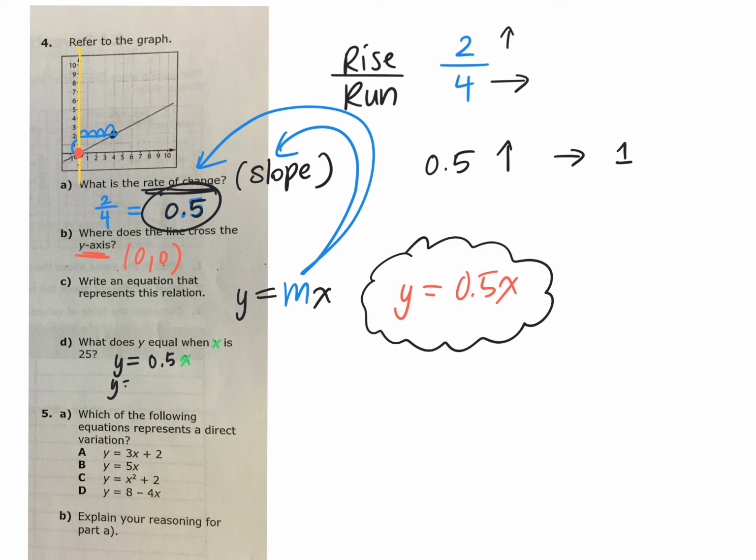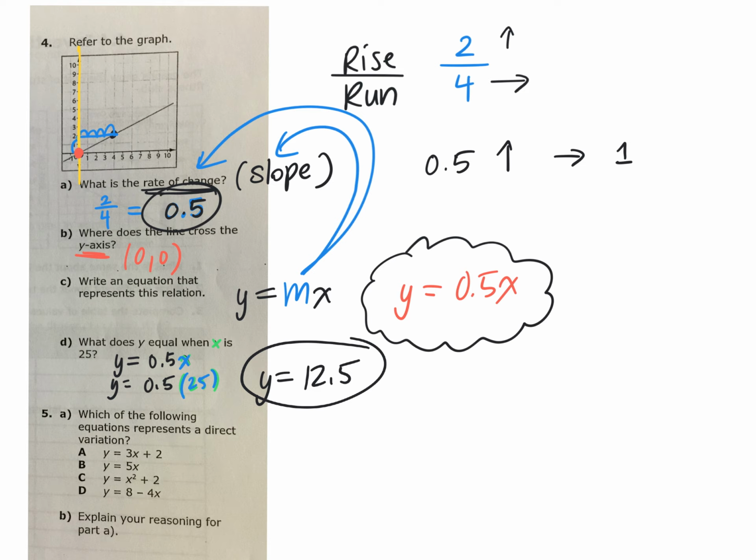I would do y equals 0.5 times 25, right? Multiply it by 25, because this means 0.5 times x. So what's y equal to? What's 0.5 times 25? 12.5. Does that make sense? You can use the equation to fill in and answer questions.